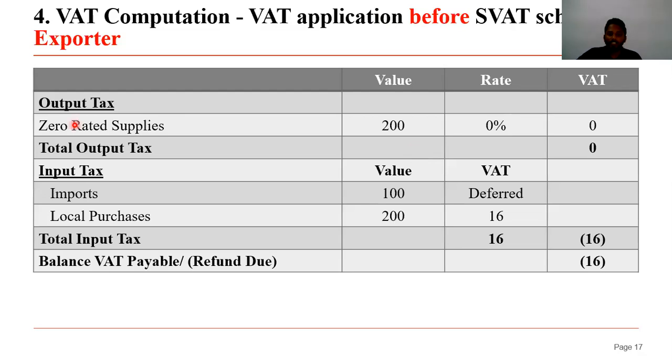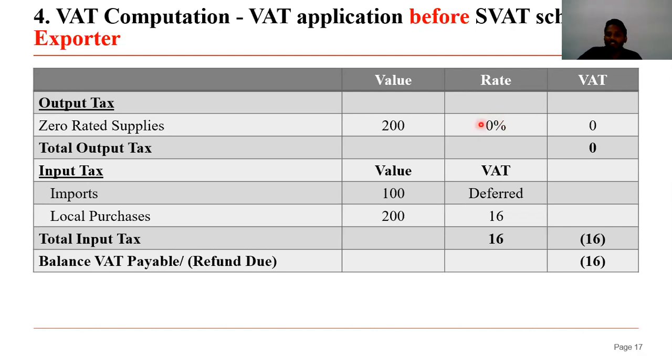They have, because I explained from the beginning also, zero rated supply. If this is an exporter, their supply is zero rated. Why zero rated is given, I discussed from the beginning: in order to compete in the foreign market, if you are going to export, our goods should cost less when compared with the world market.